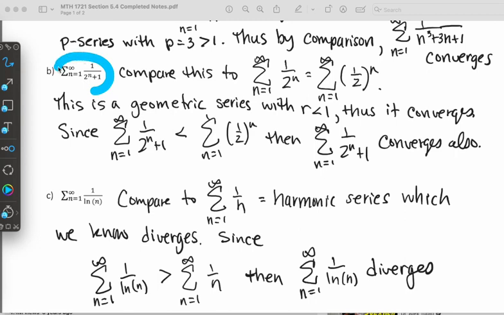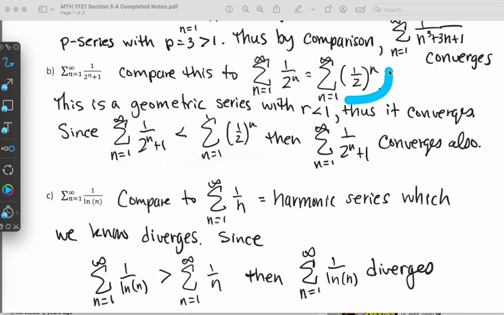So this series here that we're trying to figure out, I know that this is going to be less than the series that we're comparing it to, because in the denominator, it grows faster than this denominator here, because we're taking 2 to the n plus 1, so we're adding 1 to the denominator, which makes the denominator get bigger faster, which means the whole fraction gets smaller faster. So I know this series is going to be less than this series.